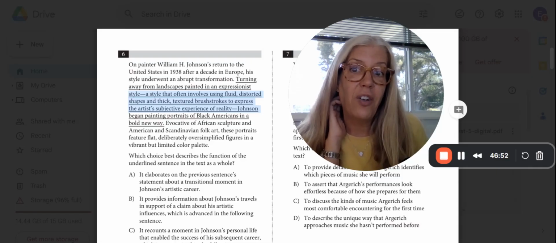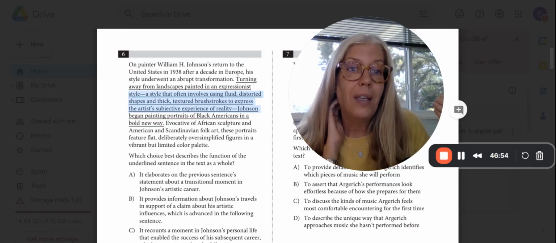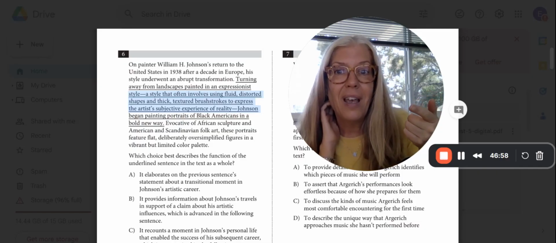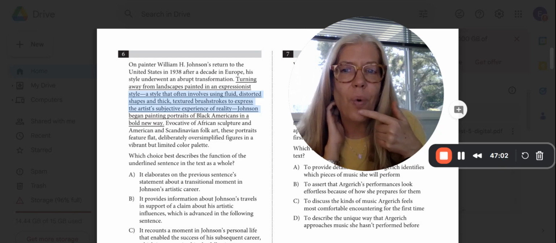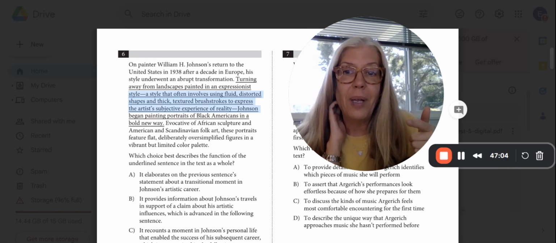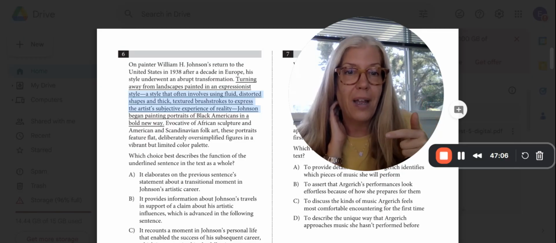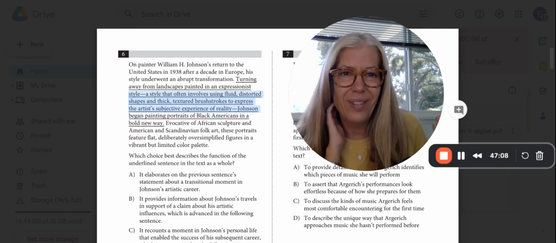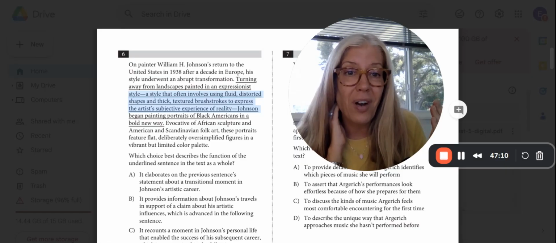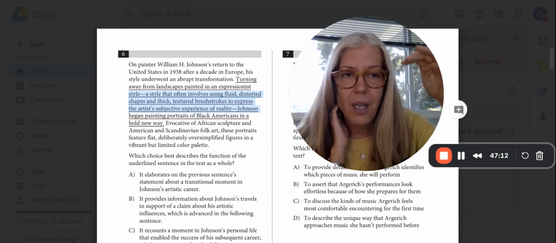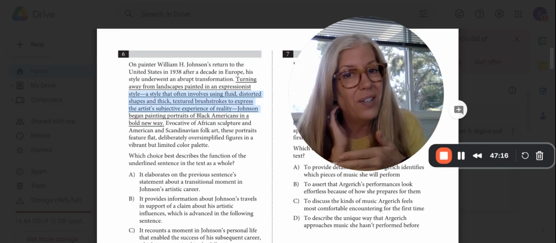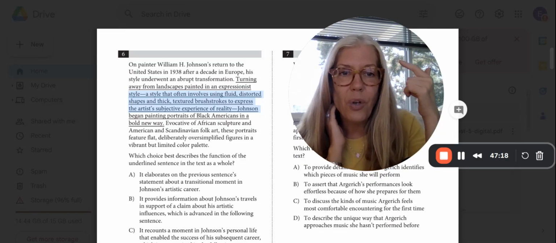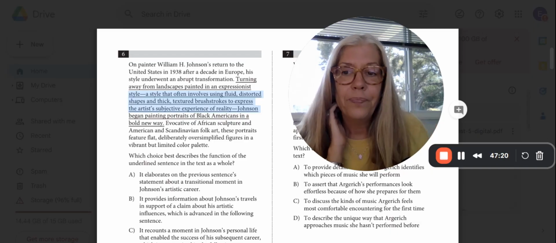And the function of the underlined sentence is to give additional information about the style he turned away from. It was to give information about his old style. Simple enough. We came up with our answer, just like I told you: come up with your answer in your head, and then you go down and you won't get lost in the words, because you know exactly what you're looking for. And that wasn't hard.